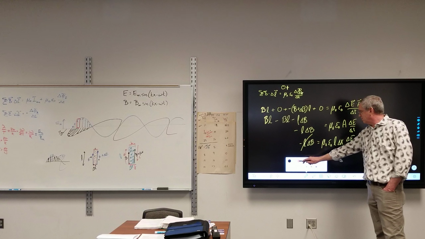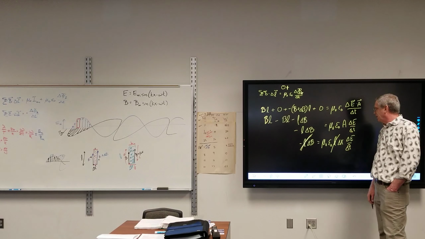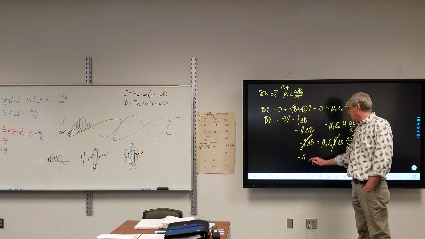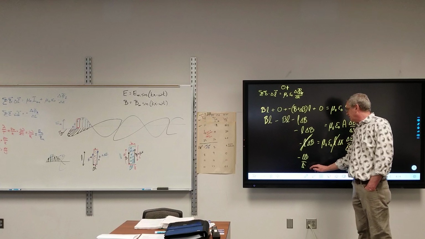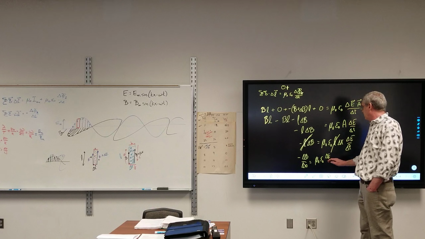And I'm going to divide both sides by delta X, so I have negative delta B over delta X equals mu naught, epsilon sub naught, delta E over delta T.